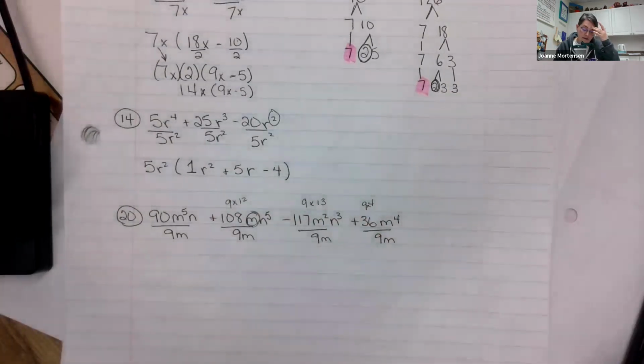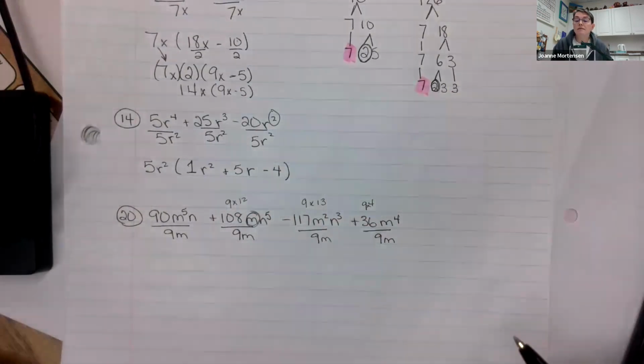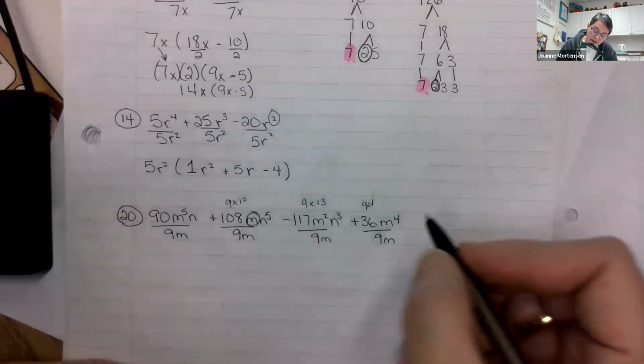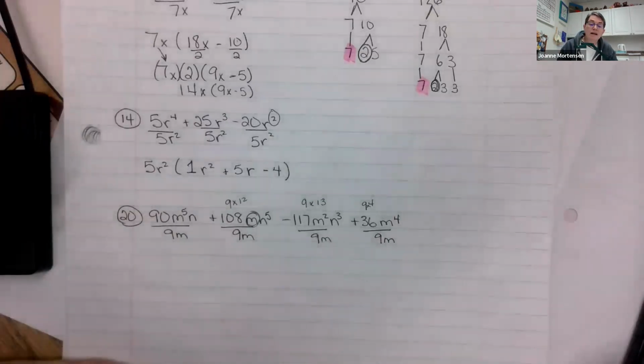And what about the N's? Come on, you're watching it. Talk to the video. You're right. We don't use it at all because it's not common. It's got to be in everyone. If there was an N back here, we could use it, but there isn't.